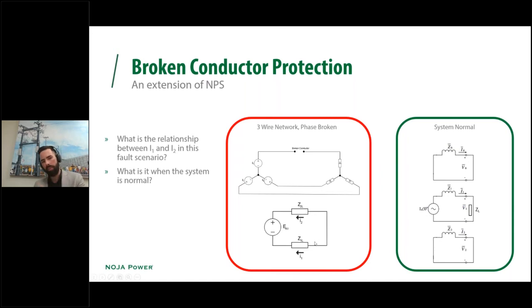The interesting part about it is that because they're quite close together and in the same system, your I2 and I1, if you were to look at the absolute magnitude of these, are going to be pretty close to being equal. So it doesn't actually matter so much what the impedance is along the line if you're only looking at a ratio of I2 on I1. And inherently, that's what broken conductor protection is.